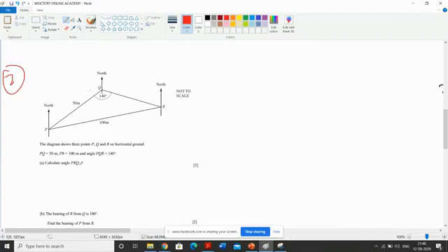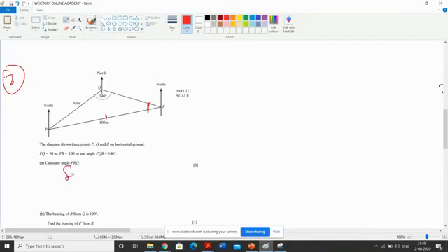Angle PRQ we need to find. This is a triangle, and the angle and its opposite side are given. So obviously if an angle and its opposite side are given, we can apply sine rule. So here as well, we'll apply sine rule.